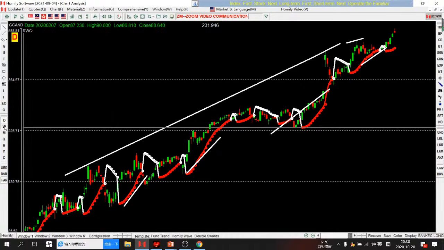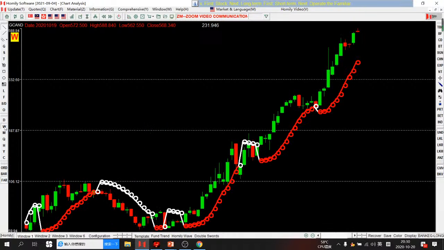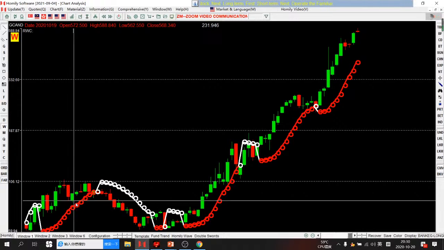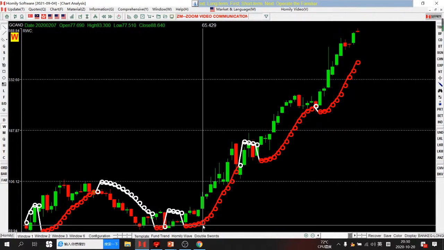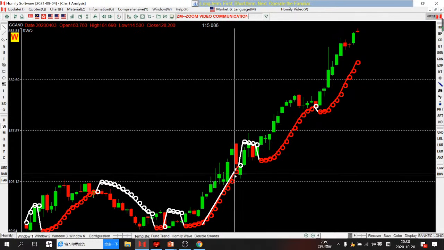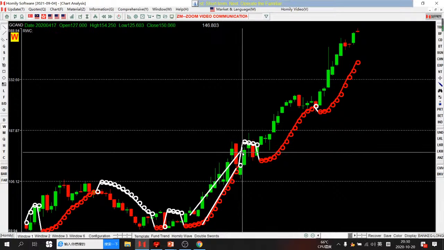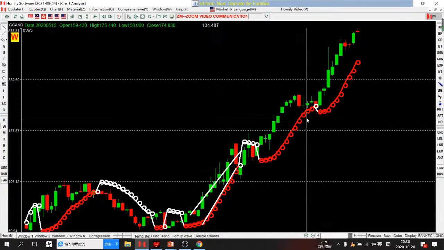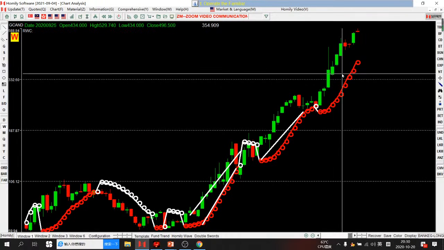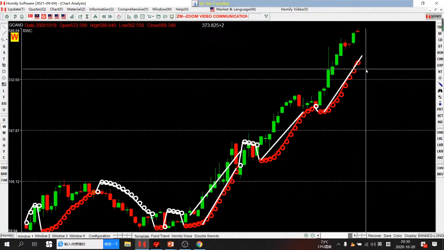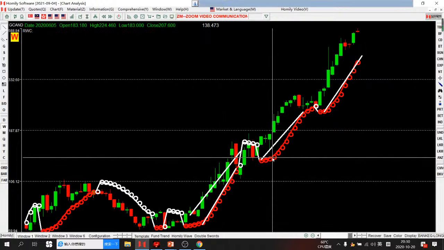If you change to weekly, then you can see the trend even more clearly with the red and white circle. Under the weekly chart, the stock has red circles, and the share moved upward for many weeks. So with the help of the red and white circle, it's very clear.